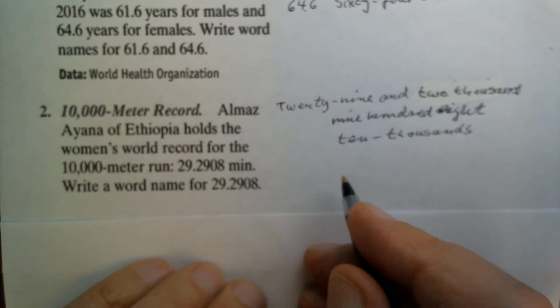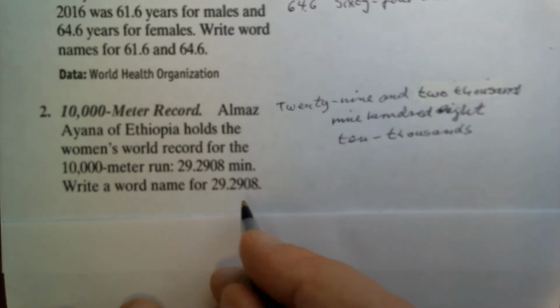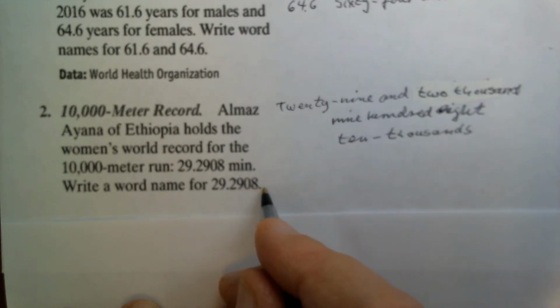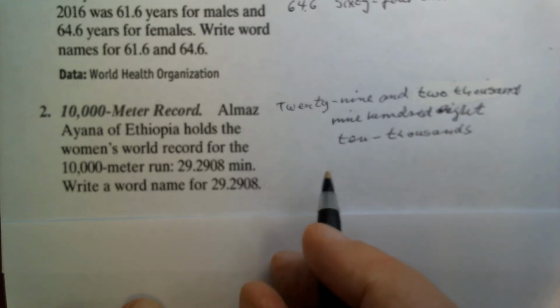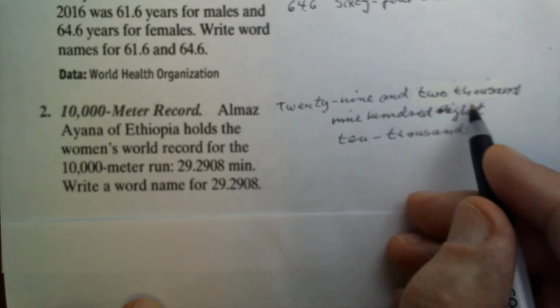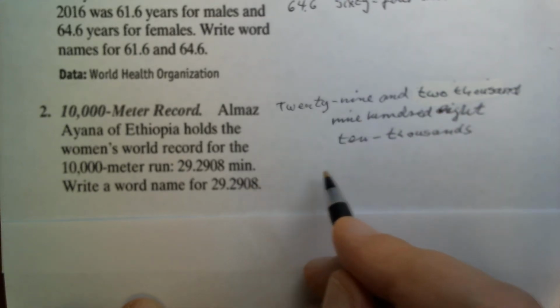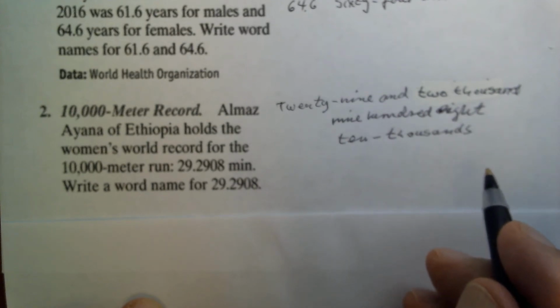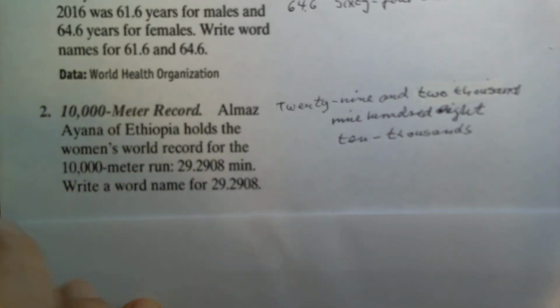In other words, before we begin to write it down, you have to determine what we're dealing with: tens, hundreds, thousands, 10,000s, etc. So 29 and 2,908 10,000ths. That would be the word name for this expression.